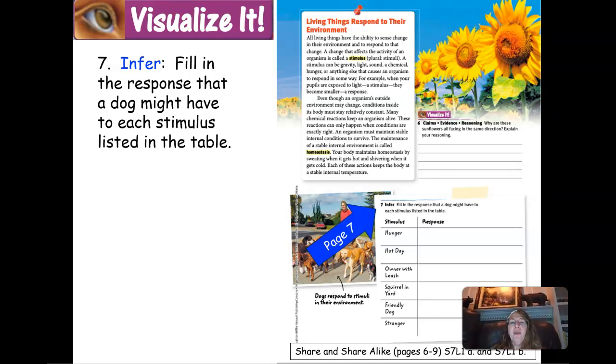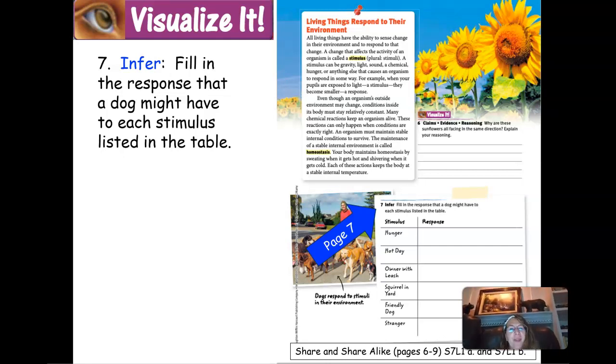It must be going to rain today. They're basing that on the fact that most of the time when it's getting ready to rain, their joints ache. Same thing with, oh, it must be going to rain today. Look at all those clouds in the sky. Or those clouds are gray. Again, that's based on our prior experiences, and we're making a statement. Sometimes inferences are true, and sometimes they're not.